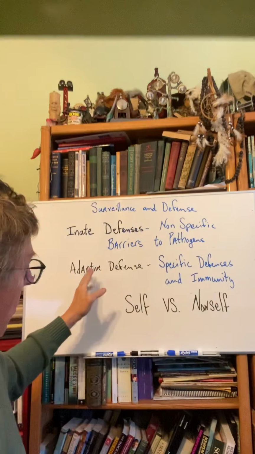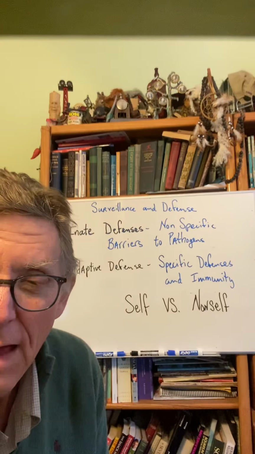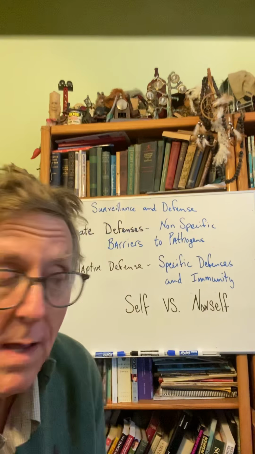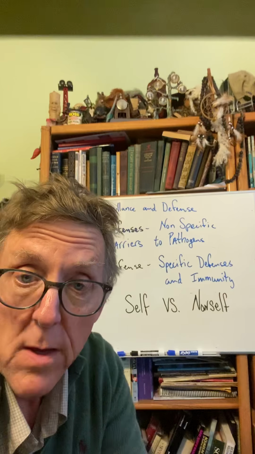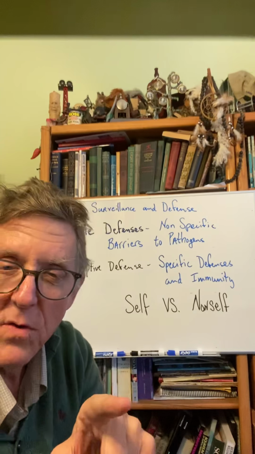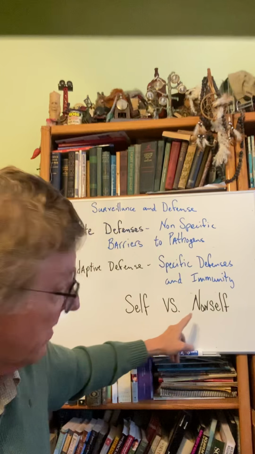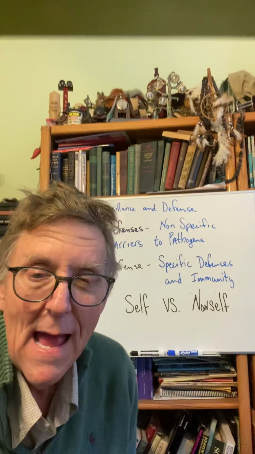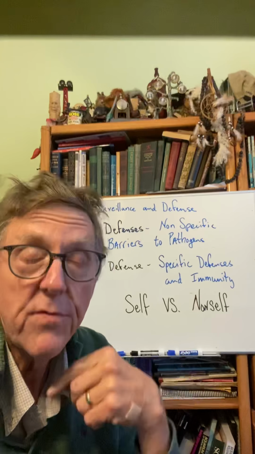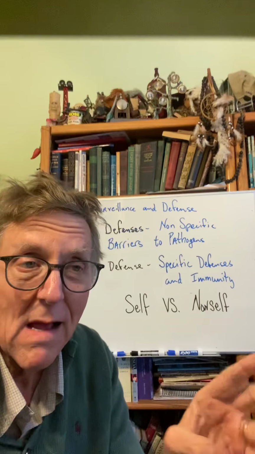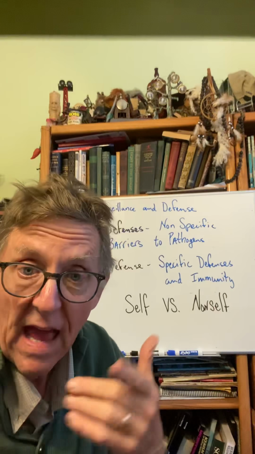All of this, in order to have an adaptive defense, you have to be able to recognize something that isn't you. And how do you do that? You do it through something called self versus non-self. And we had talked about how there are cell surface markers on your cells that identify your cells as you.